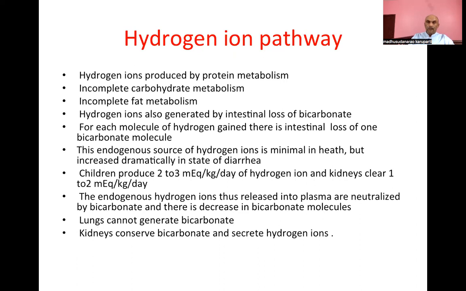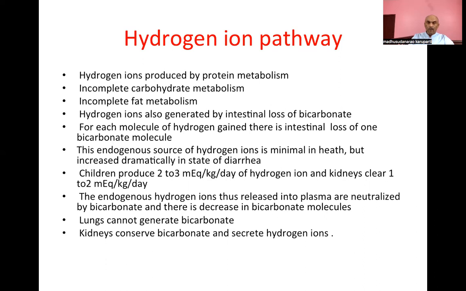But it is balanced by the retention of bicarbonate molecules. That is, for every one molecule of hydrogen ion secreted, there is a gain of a bicarbonate molecule. It means for each molecule of hydrogen ion gained, there is intestinal loss of one bicarbonate molecule.